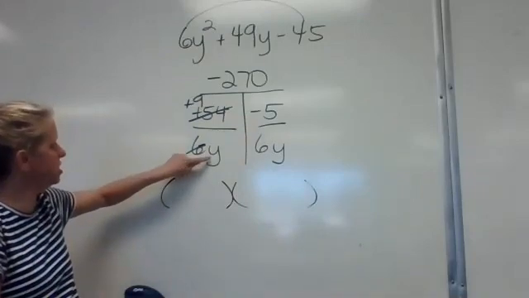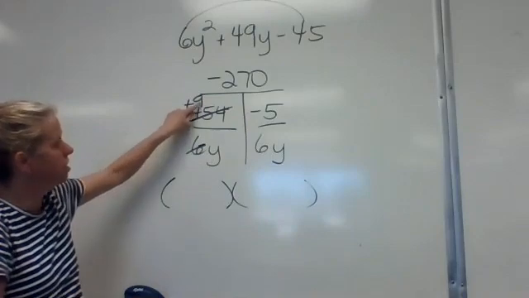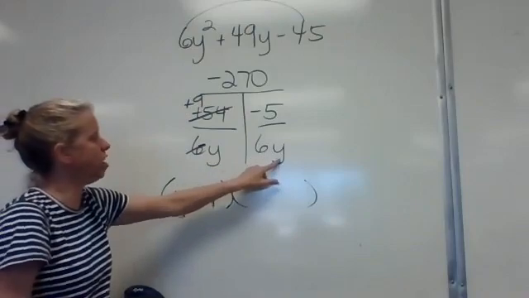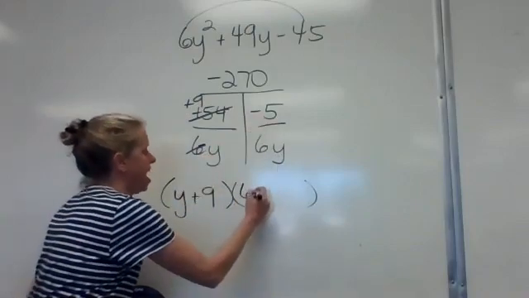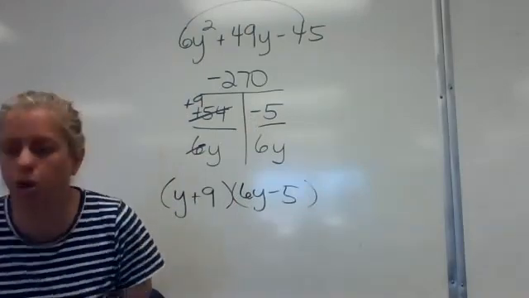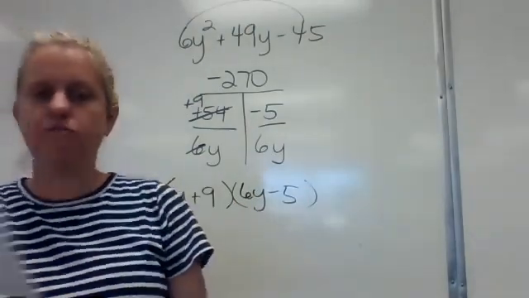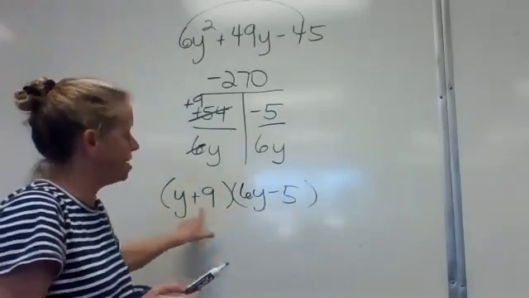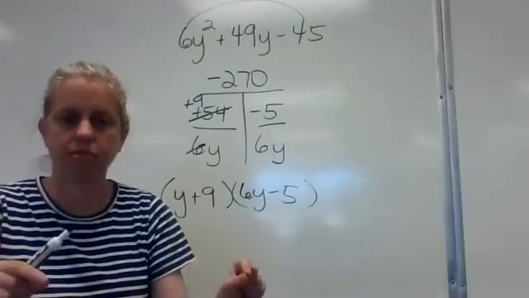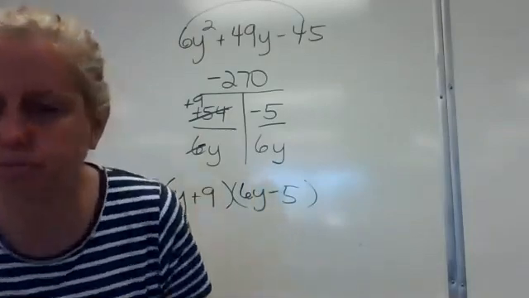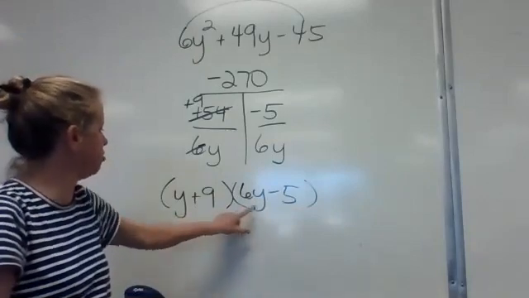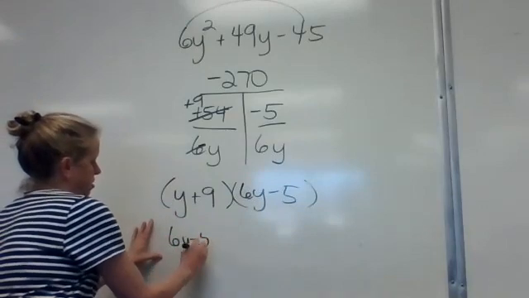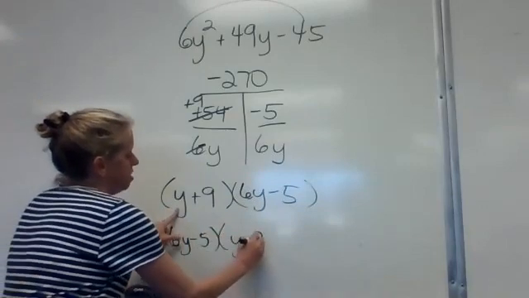Using the reduced version, what's this one going to be? Y plus 9. This one will be 6y minus 5. So now you are just going to the multiple choice and looking for the one. Oh, and this brings up a good point. These can be either way. I can put these in either way, like this 6y minus 5 could be the front one, and the y plus 9 can be the second one.